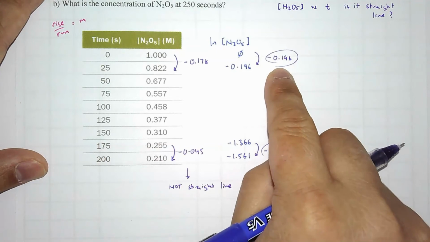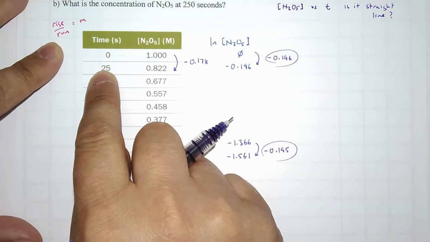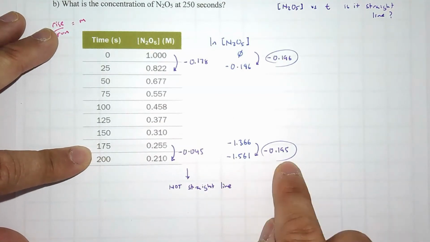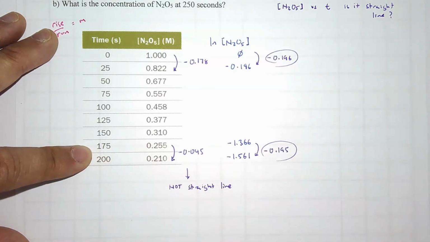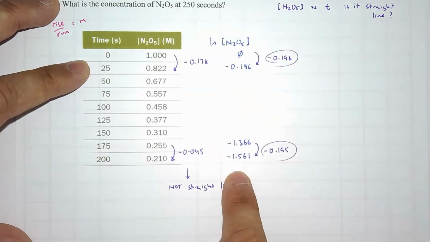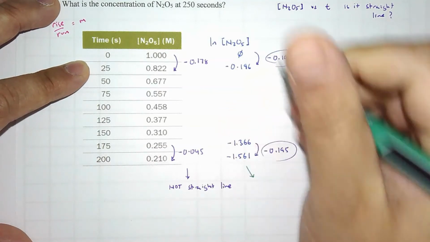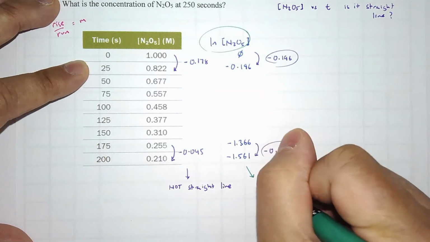It's this divided by the time interval, 25 seconds. The slope at the end of the run is this divided by 25 seconds again. So those two slopes are identical. The slope at the beginning is identical to the slope at the end. What this means is that this ln data does give a straight line.